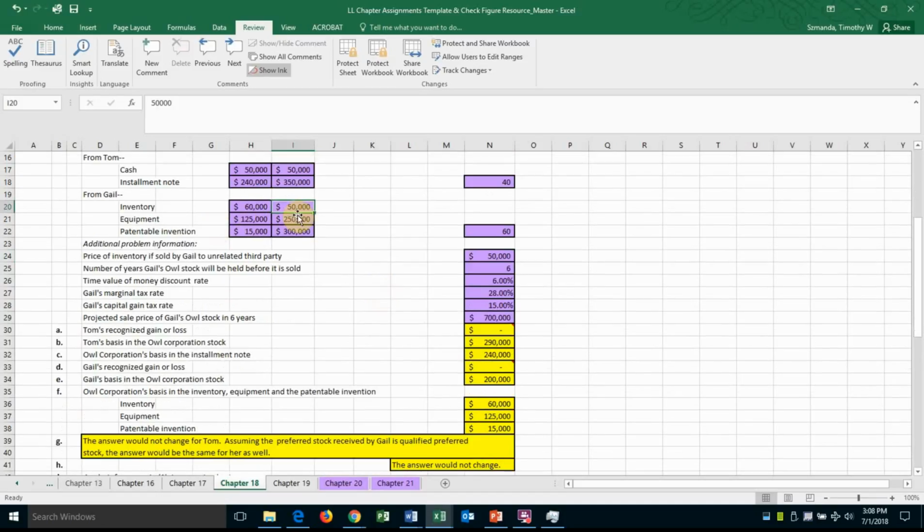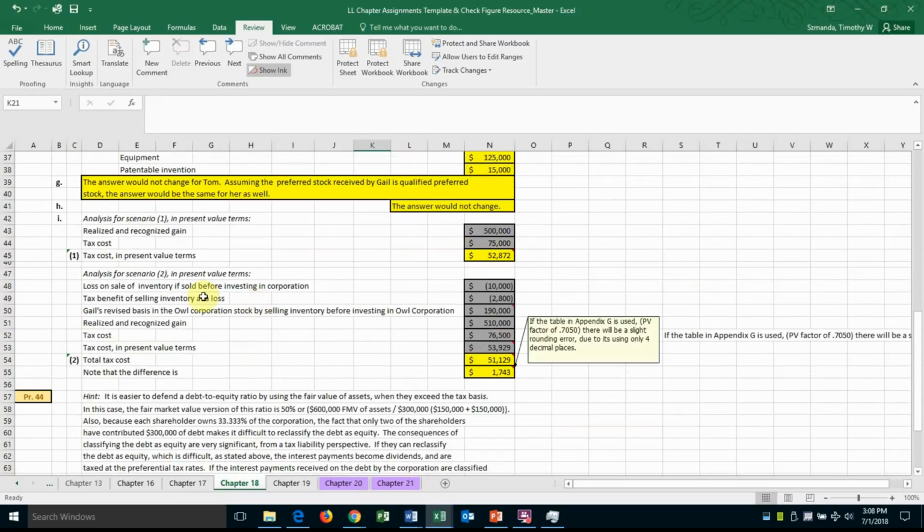So she's got a built-in loss she's not taking advantage of when she contributes it directly to the corporation. And that's the point of I, is to compare the financial advantage of contributing the asset directly to the corporation, or first selling the asset, taking advantage of the tax benefit of the loss, and then contributing the net cash proceeds to the corporation. So that's the objective of part I.